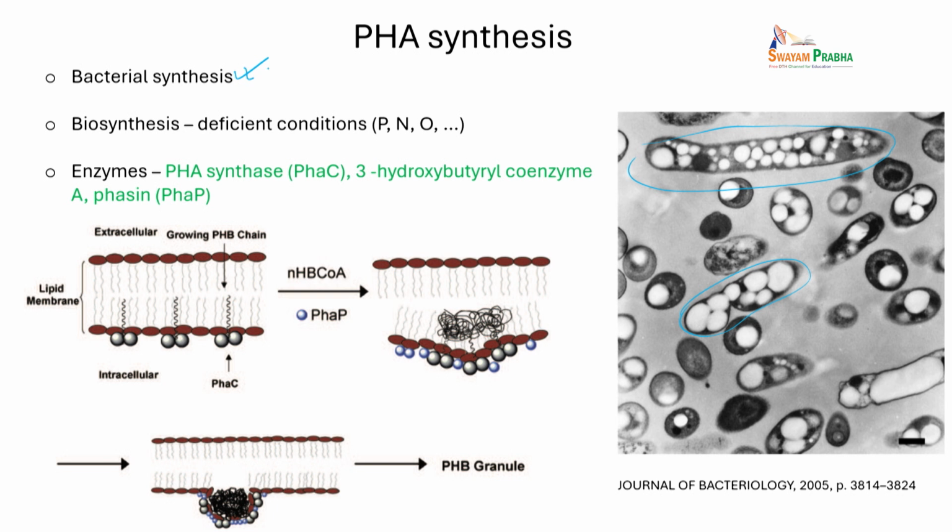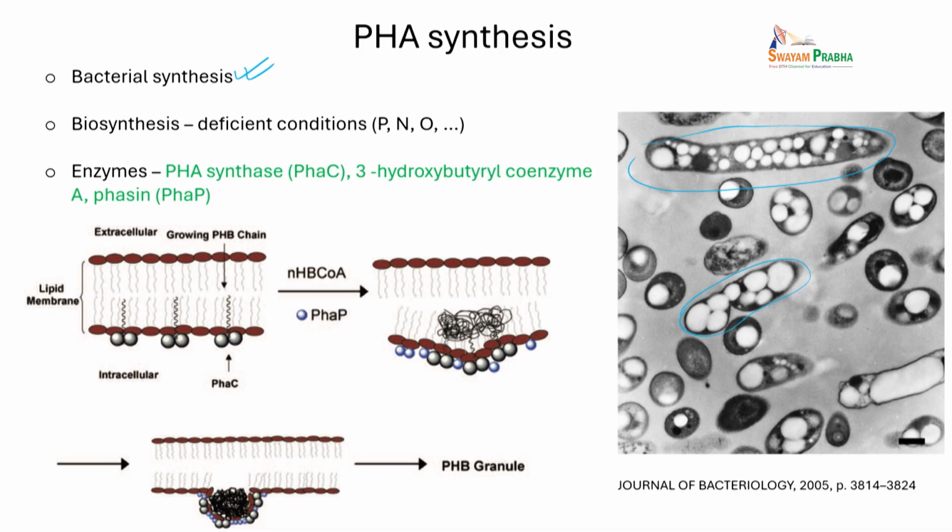PHA is synthesized through bacteria, and typically when you treat the bacteria under deficient conditions, for example when you make them phosphate, nitrogen and oxygen deficient, the cells produce this under stressed conditions. In normal conditions they don't produce this.